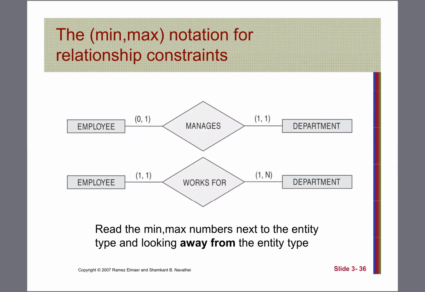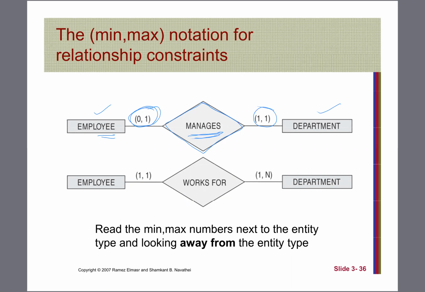There is an employee entity, there is a department entity, and they have the relationship which is manages. Employee has a 0 to 1 relationship with manages. I mean, it is contributing 0 to 1 with the relationship manages, and department is contributing 1 and 1.